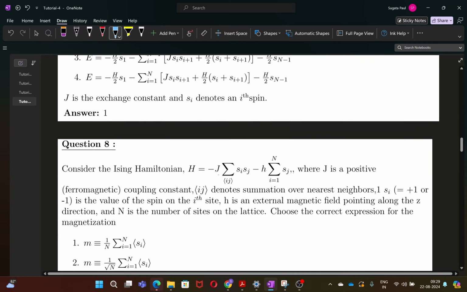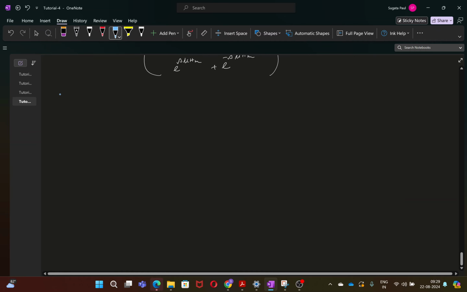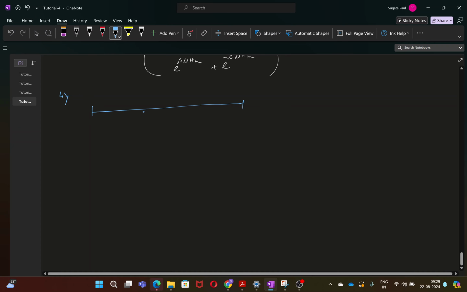Now let us solve this question. Let us choose a blank page again. So this is question number 4. This is like a one-dimensional chain of atoms. That means it is like a one-dimensional chain with each atom sitting at each site, and we cannot see the end of it.